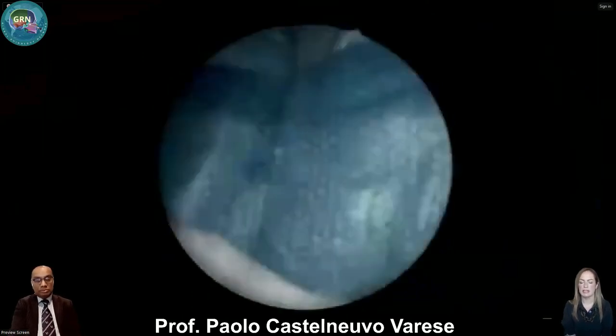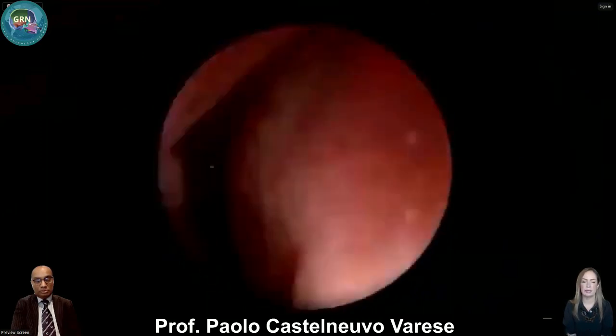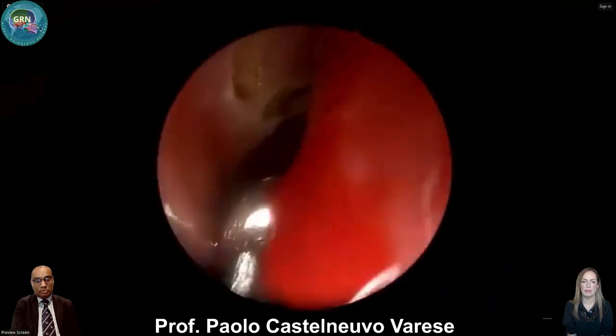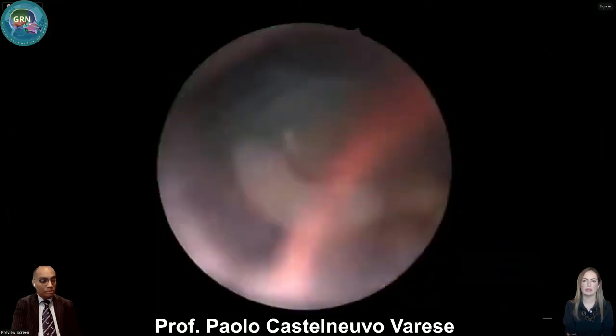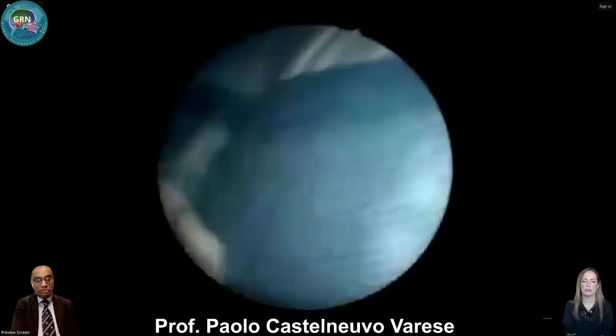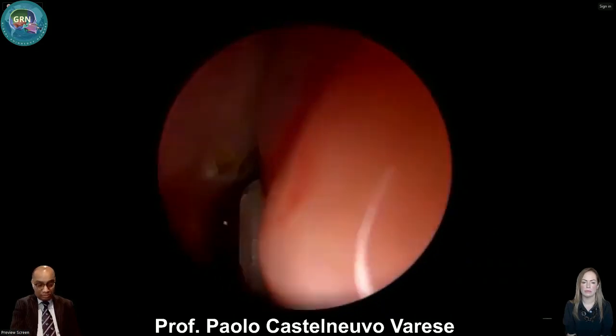If you didn't have access to the laser, could you use the needle tip monopolar for this marking out? Yes, we can use the cold instrument like the Beaver.